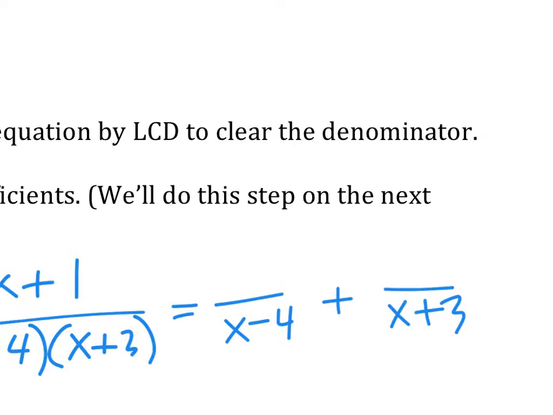So what kind of thing is like x to the 0? A number, a constant, right? So we need to put a constant on the top. We don't know what number it is, so we're going to put a guess. We can't put a number, so we're going to put a variable, a. I don't know what a is. I'm just going to put a there so I can solve for a later.